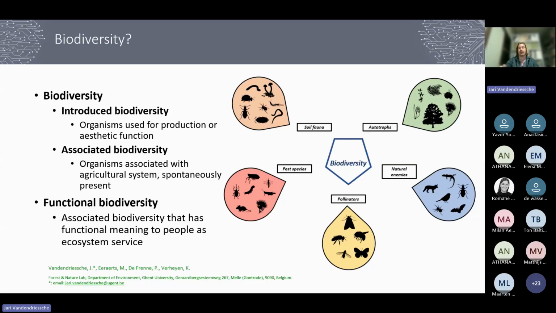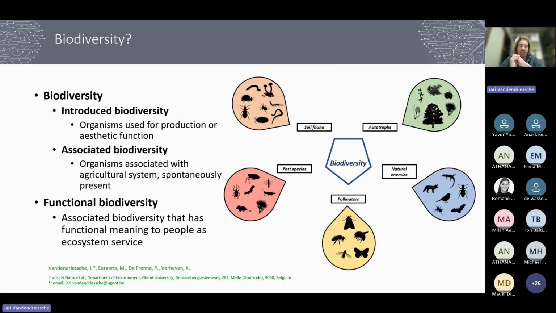So total biodiversity in an agricultural system consists of introduced biodiversity, so the biodiversity as in crops, as in trees that are introduced for production types or aesthetic function. And then you have associated biodiversity, which is the spontaneous organisms that are associated with a particular system or with the environment as such.